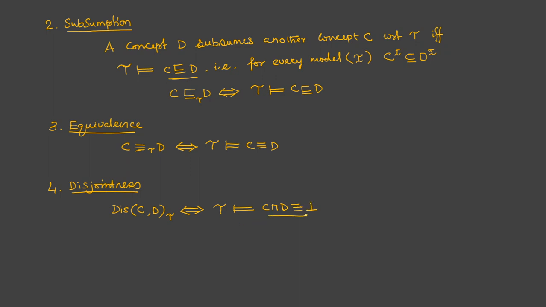So if this is a semantic consequence of T, then we say C and D are disjoint, right? So these two do not have any individual in common in the class expressions, right? So if you take the intersection of disjoint classes, this will get you the bottom class, right?